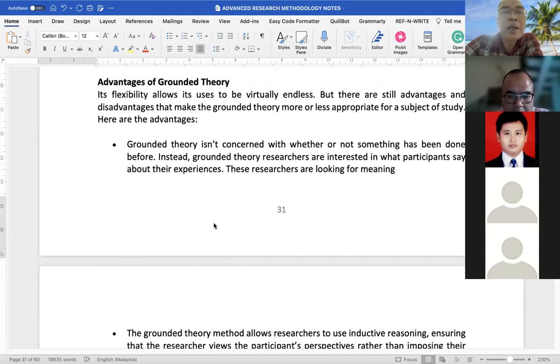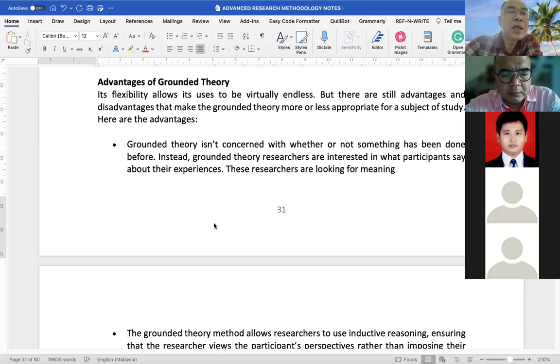Itu yang paling penting dalam grounded theory ini, kita researcher tu ingin melihat apakah jawapan responden terhadap sesuatu pengalaman responden itu. Contoh, kalau kita nak buat tentang psychological effect, kesan psikologi kepada sekumpulan mereka yang telah melalui musibah tsunami misalnya di Aceh.